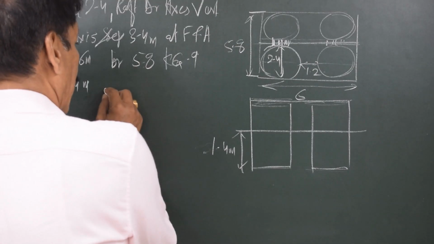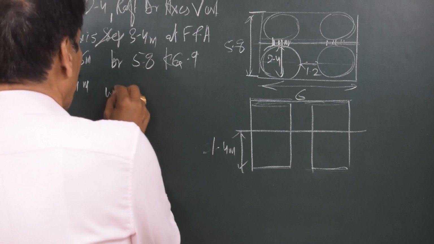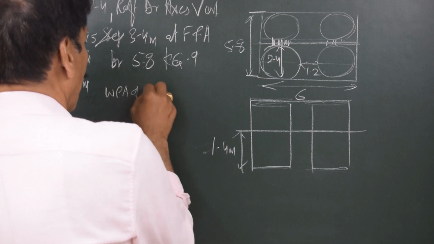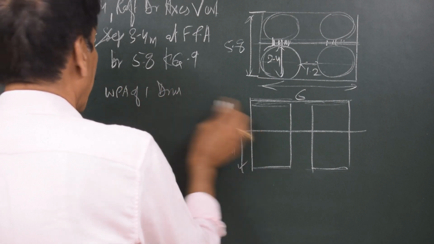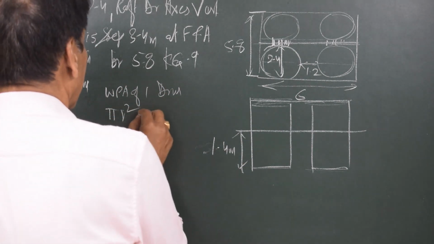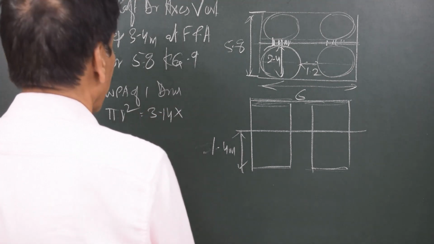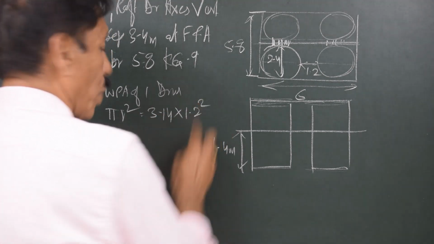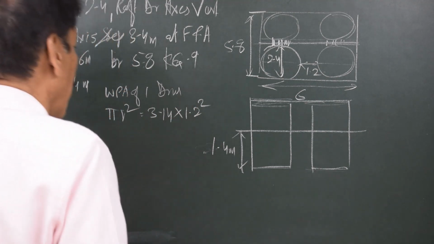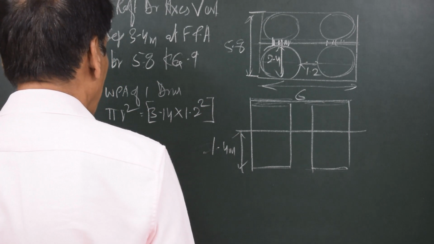So, waterplane area of one drum is pi r square. That is 3.14 into 1.2 square. Now, this is the waterplane area of one drum.